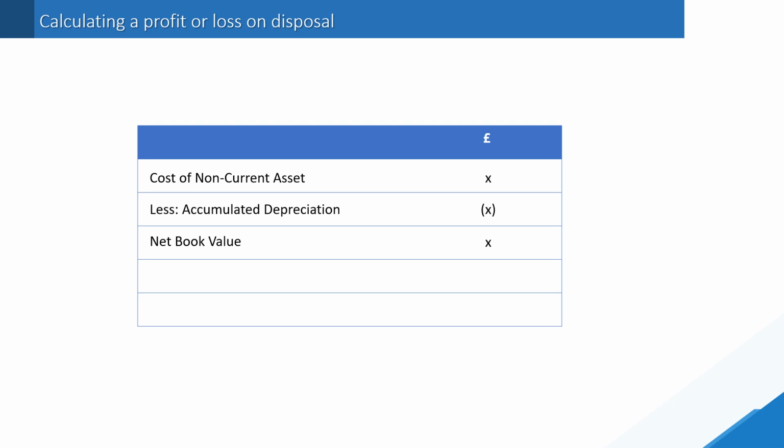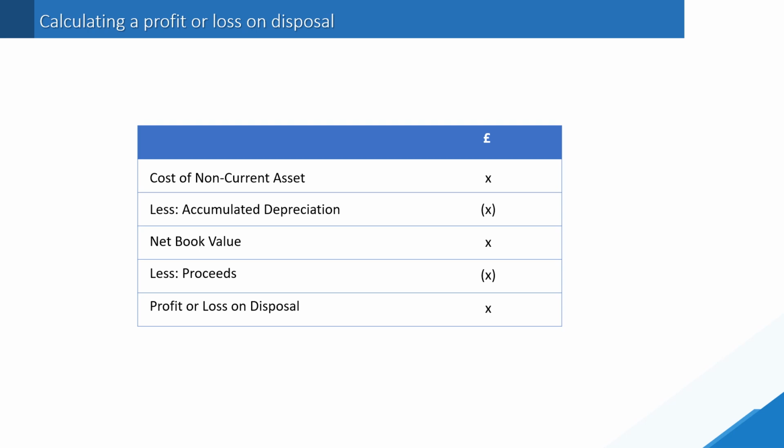We will then compare that to the disposal proceeds, and we will compare the net book value, what we think the asset is worth, to the proceeds that have been realised upon sale, and that will help us decipher whether a profit or loss has been realised. If the net book value is higher than the proceeds, that means we've incurred a loss on disposal, because it means that we thought the asset was worth more than we actually got for the sale.